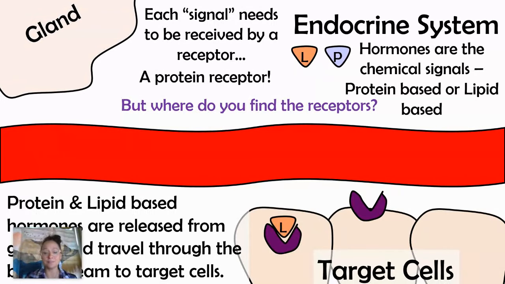Now, if it's a protein-based hormone released from a gland, it'll travel through the bloodstream, but instead, its protein receptor is located on the surface of the target cell. It's in that cell membrane. The hormone does not cross through. Okay, so that is the basics of the endocrine system.